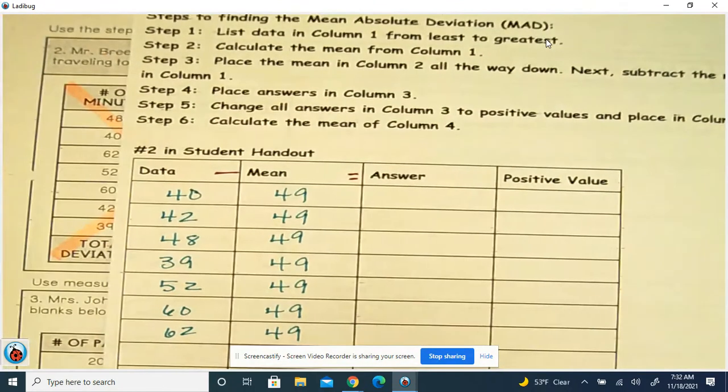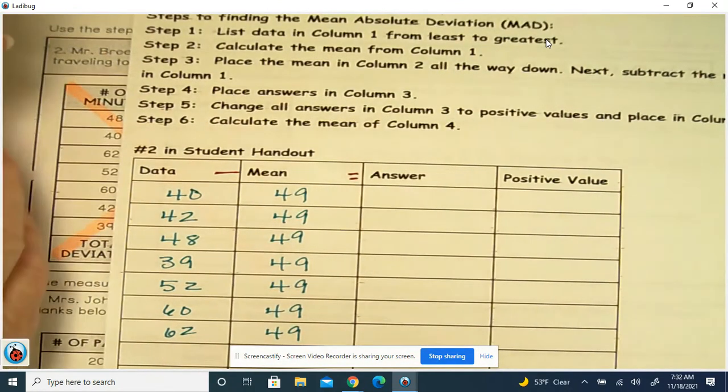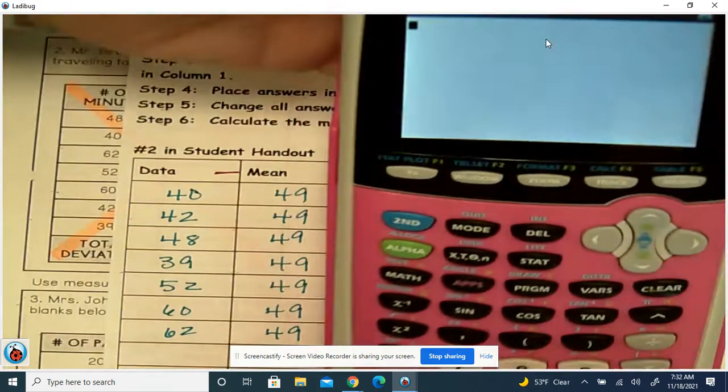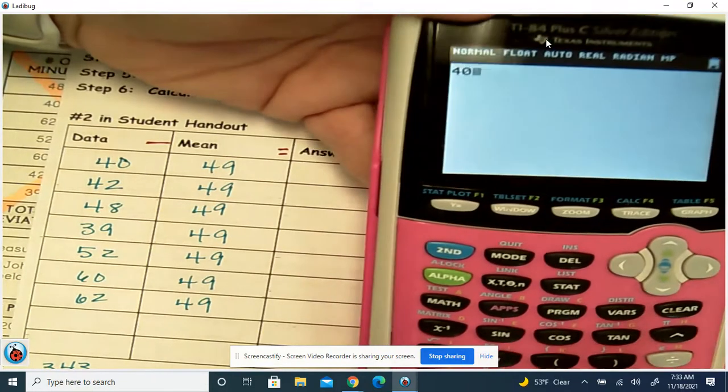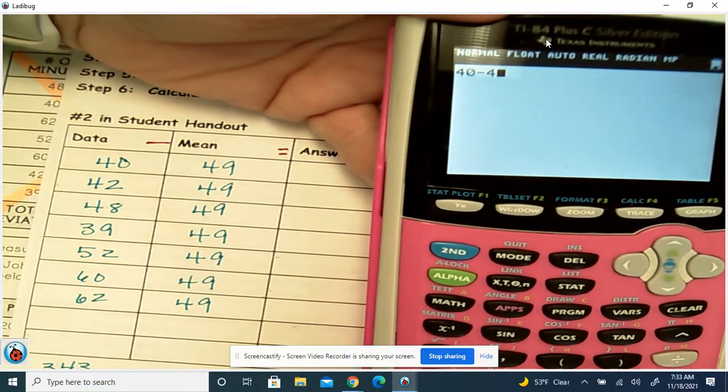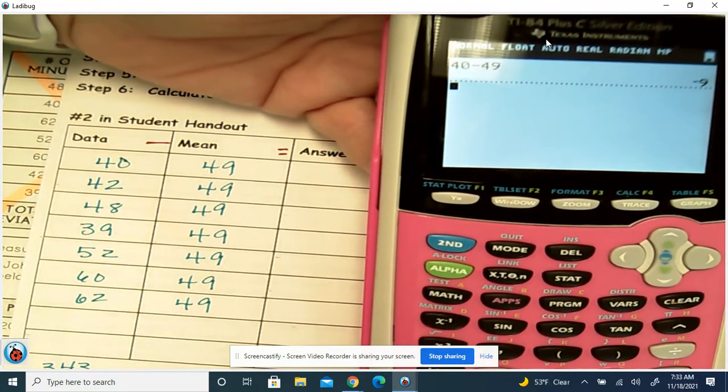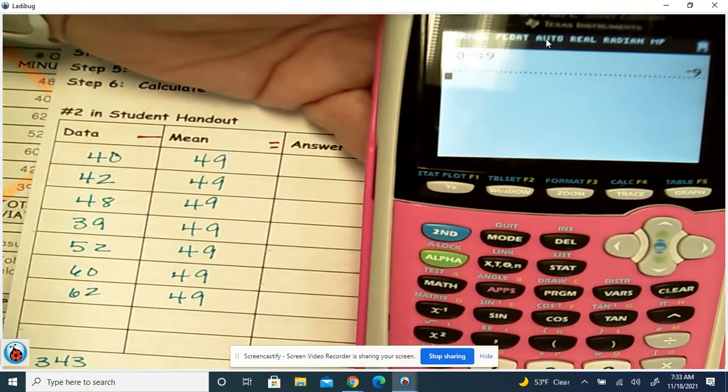Then you would take the data right here minus the mean, and it's going to give you an answer. So if we did 40 minus 49, that gives you a negative 9.